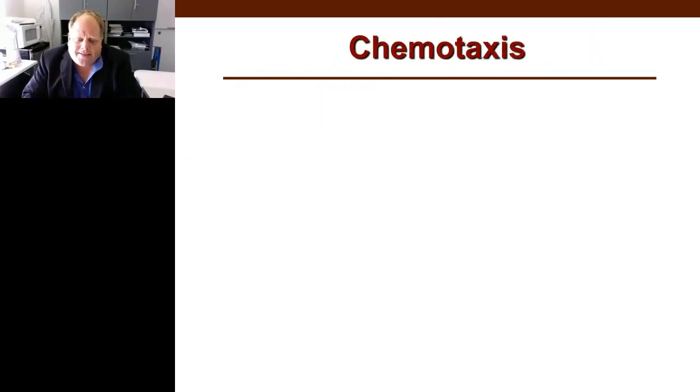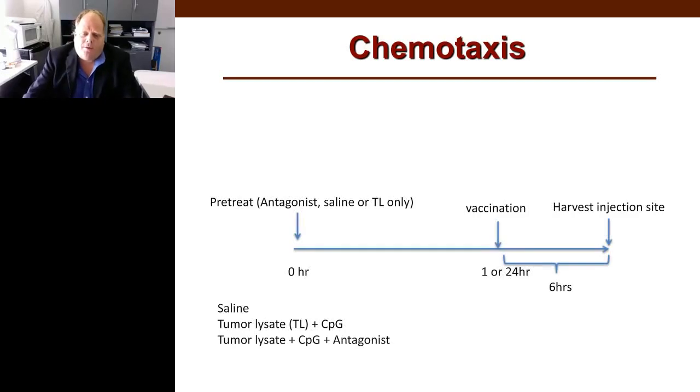So as I said, we're getting this enhancement of chemotaxis or chemokines. So we want to look at chemotaxis. Now, what we did to accomplish that is we took animals with no tumors. These are just non-tumor bearing animals. And we treated them with our antagonist, saline, or tumor lysate alone.